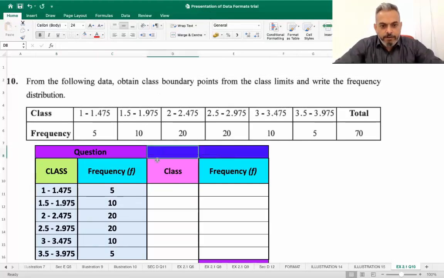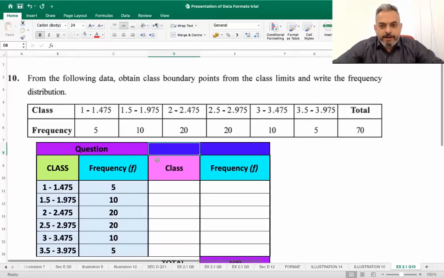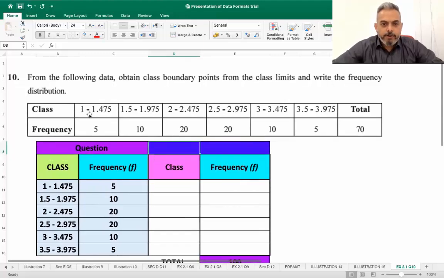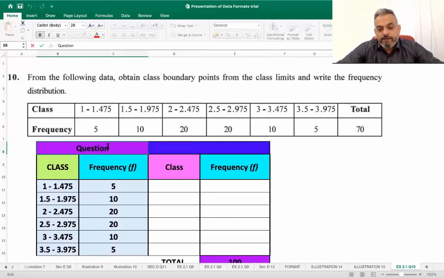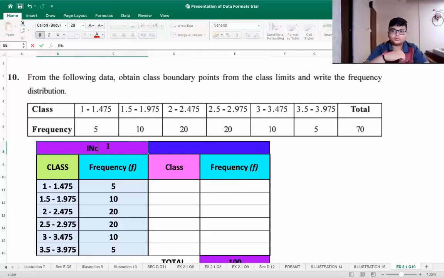Now, over here, we are given class 1 to 1.475, 1.5 to 1.975. So you tell me first of all, is this inclusive or is this exclusive? Sir, inclusive. Inclusive.